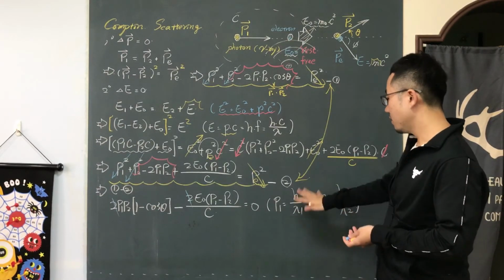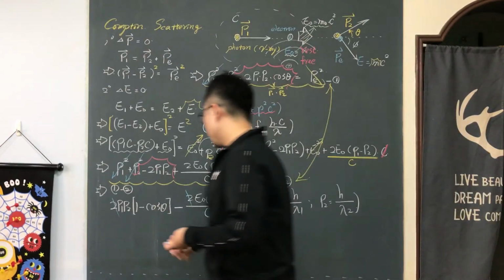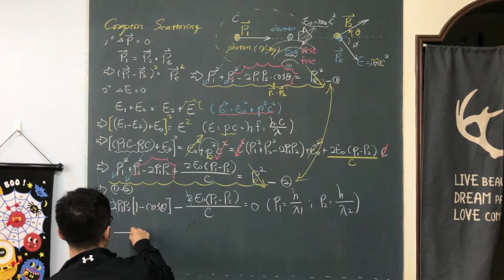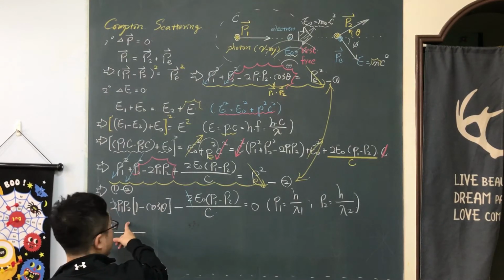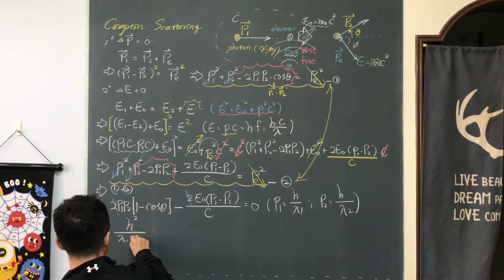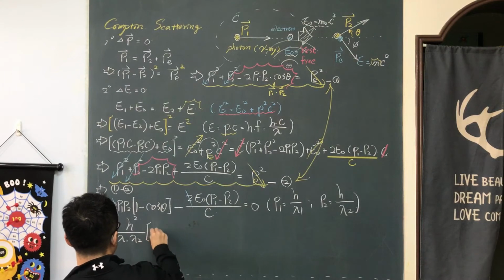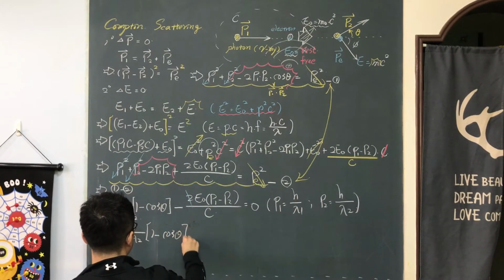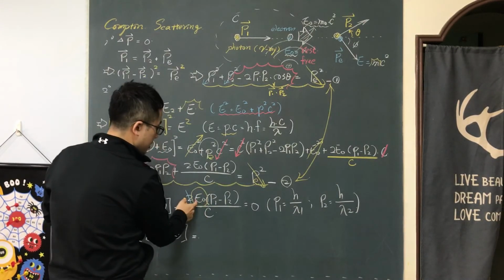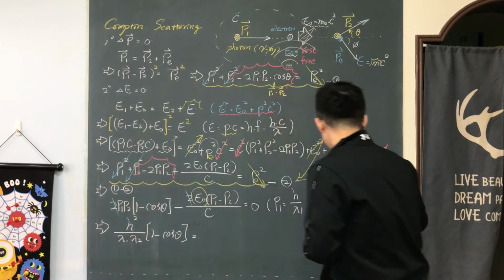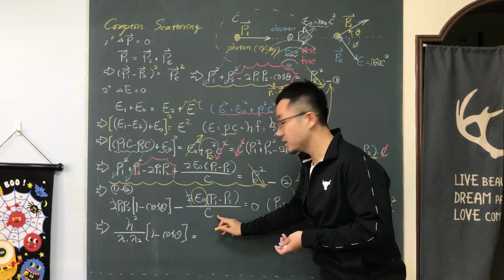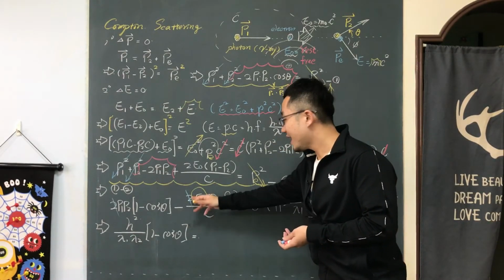Okay, I'm ready to plug all this into my equation, and it turns out to be: the numerator is Planck's constant squared, and the denominator is lambda 1 times lambda 2, times 1 minus cosine of theta, is equal to, since E naught is equal to m naught times c squared, I can cancel the c, and what we are left with is m naught times c.